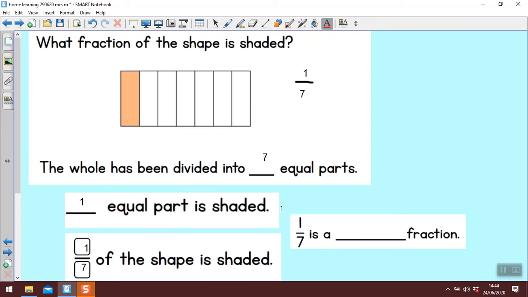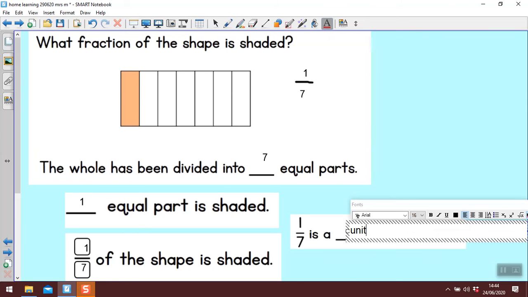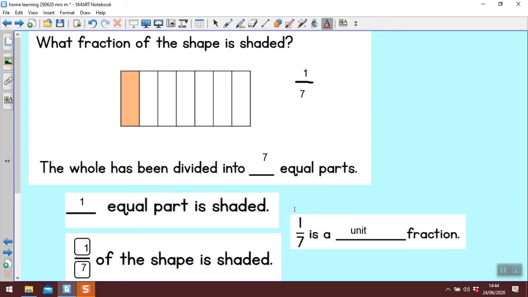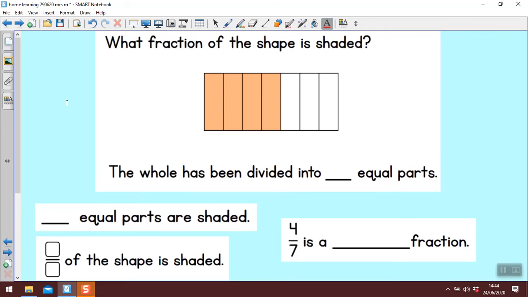And what type of a fraction is 1/7? Is it a unit fraction or a non-unit fraction? It's a unit fraction because it's got 1 as its numerator. Now have a go at this slide. Pause the video while you work out what goes in each gap.